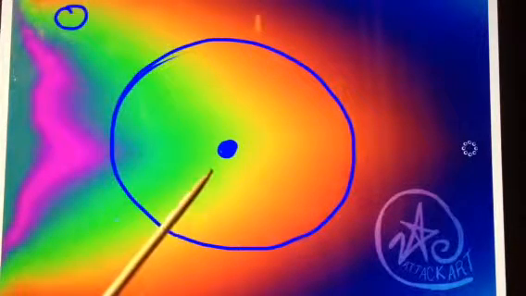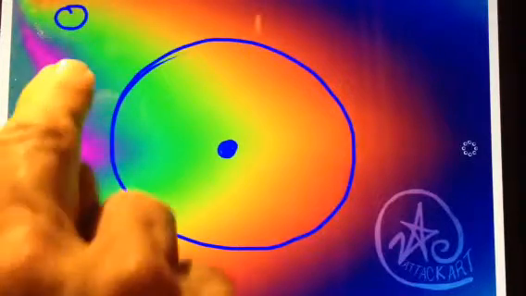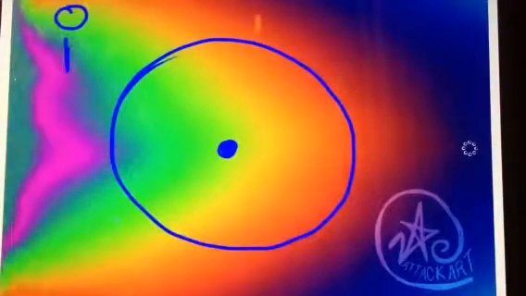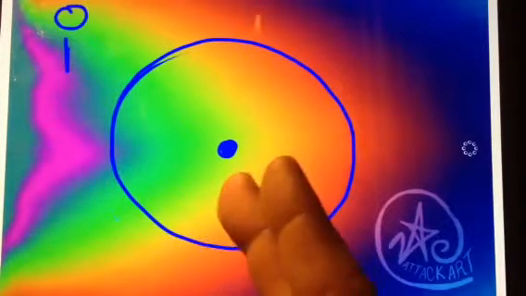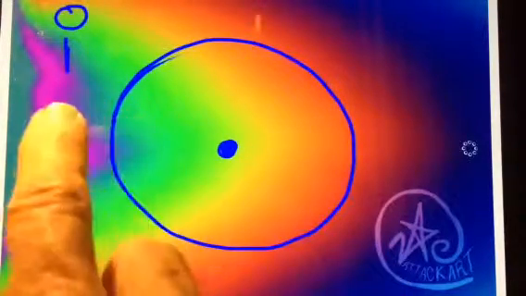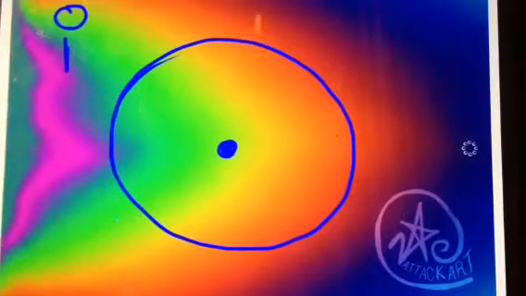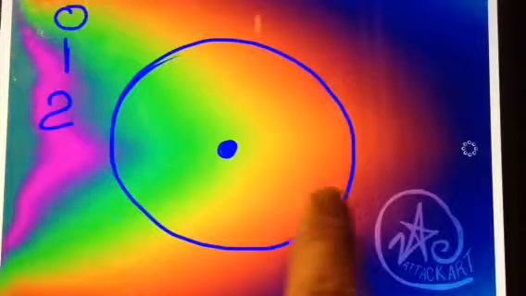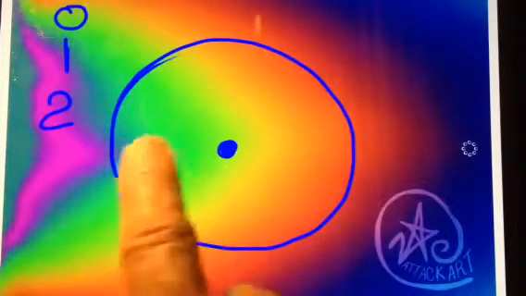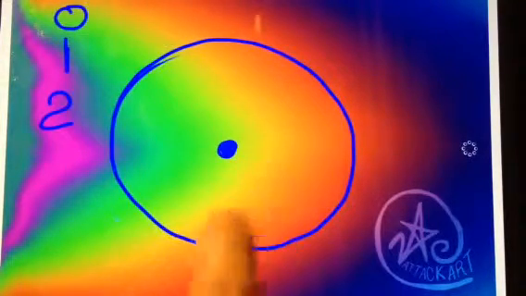And your consciousness that we're talking about here is this dot right there, and that's 1. Now the most important number in all of the organic world is the number 2, and that's because everything divides in 2s.